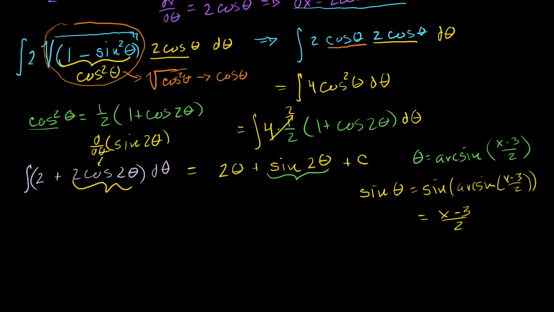Well, you may or may not know the other identity, and I've proven this as well, that sine of 2 theta, that's the same thing as sine of theta plus theta.